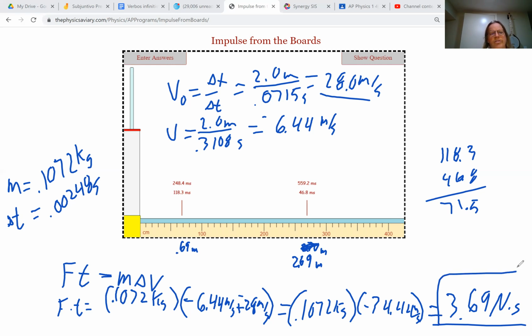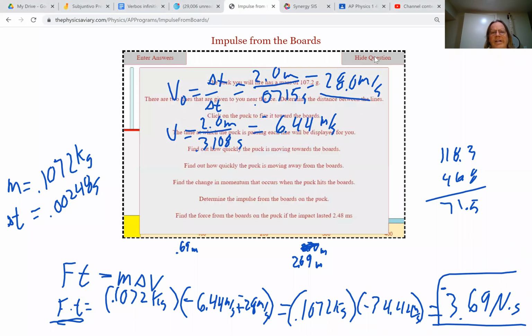The other answer was, what is the force now? Okay, so that was the impulse of the boards on the puck. Oh, whoo, I almost screwed up, guys. I don't think they're going to ask for the negative. They're going to ask for the absolute value probably. But since I called that positive, I should read the question, because if the question says make one direction a negative, I don't know if they're going to ask me to put a negative on there or not.